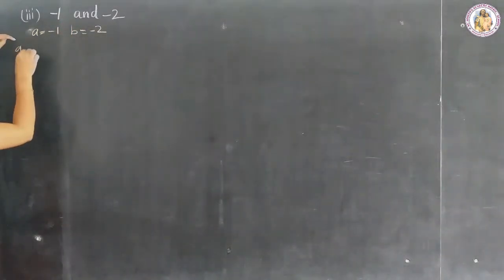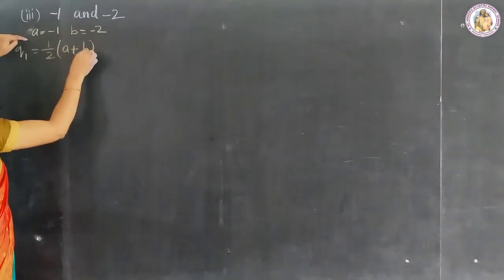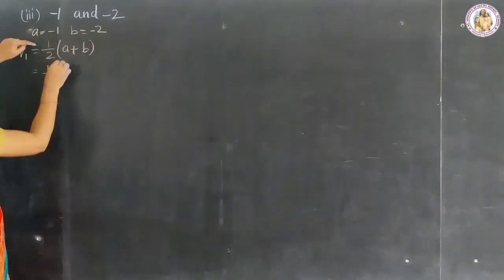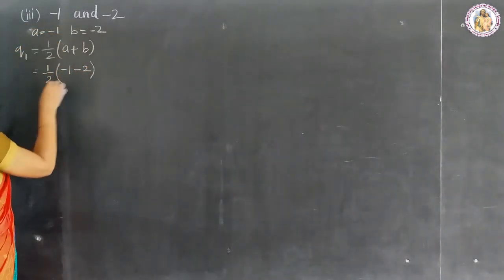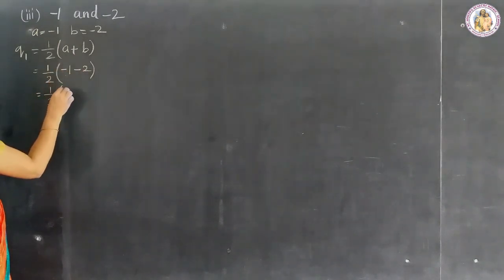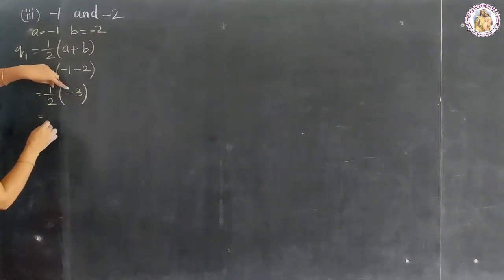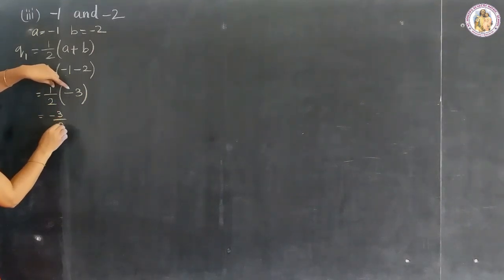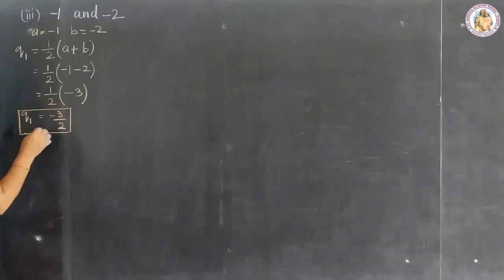So to find Q1, 1 by 2 of A plus B. So 1 by 2 of minus 1 minus 2, same sign, so minus 3. 1 3s are 3, minus 3 by 2. Q1 is equal to minus 3 by 2.